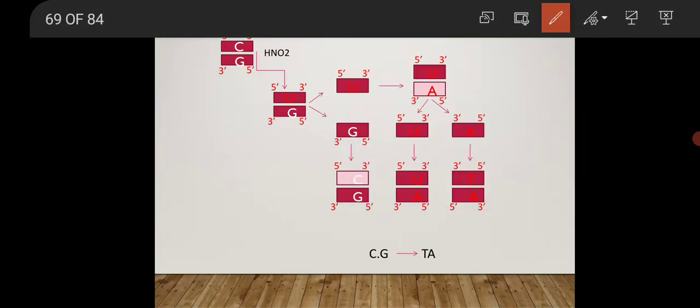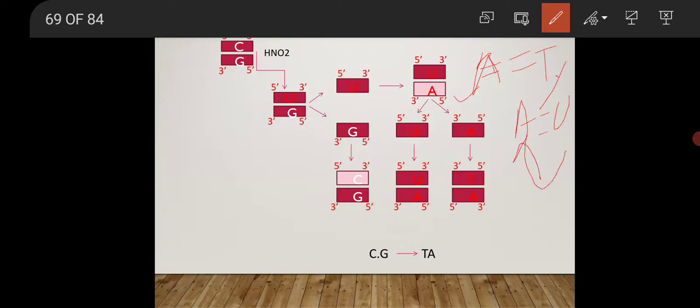We know that adenine base pairs with thymine in DNA, and in RNA, instead of thymine, uracil is attached to adenine. So here adenine has come. How has adenine come? Because in double-stranded DNA adenine base pairs with thymine, and in RNA, instead of thymine there is uracil, which binds with adenine.